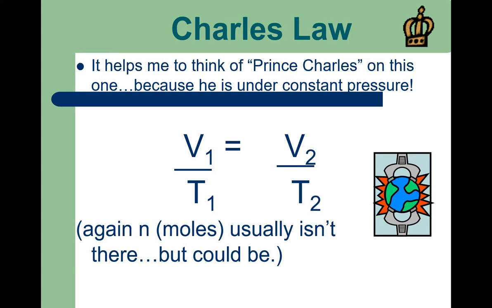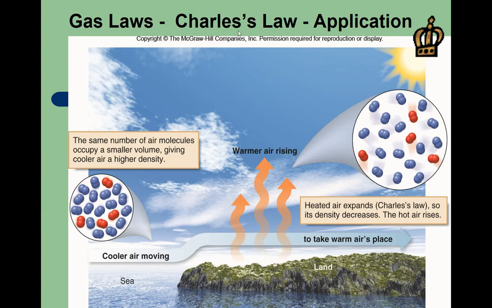And if I have a negative, it makes my volume negative, which is not good because I can't really have a negative volume. Yes? Always Kelvin, always. Okay, just remember, always add 273.15 to it, get it in Kelvin, get it in the absolute scale. So this is the application of Charles' law.